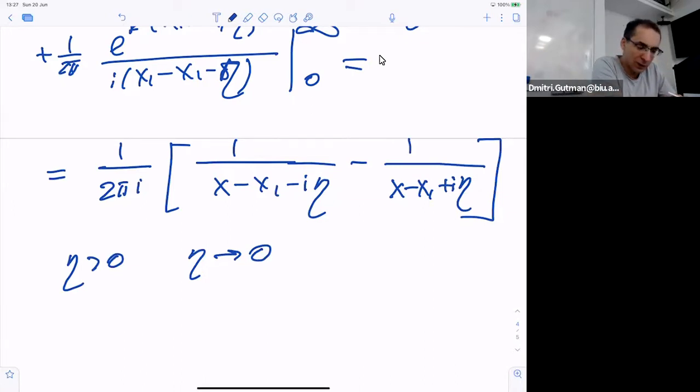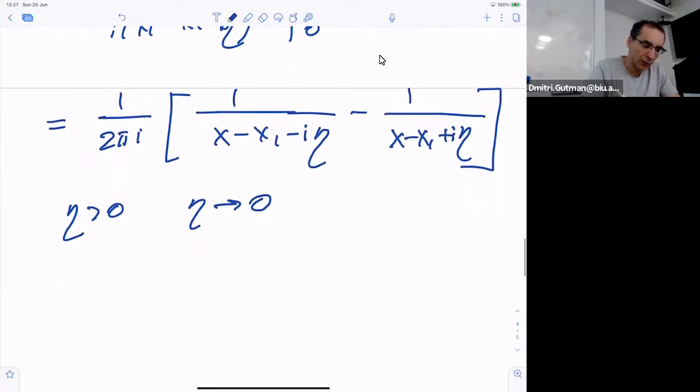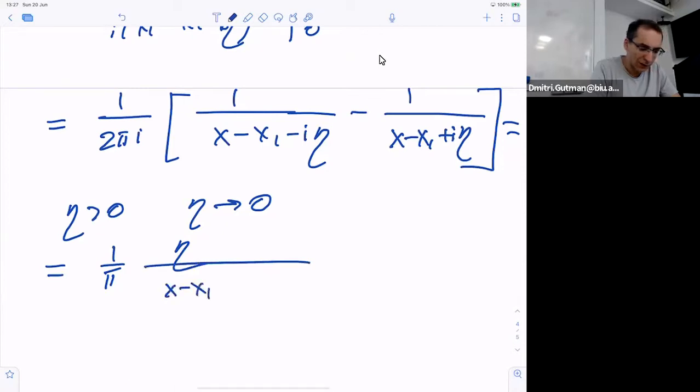Okay, so now let's look at this function. We can combine both terms and see that it's 1 over π times η divided by (x − x1)² plus η².